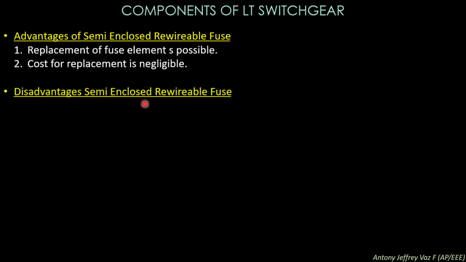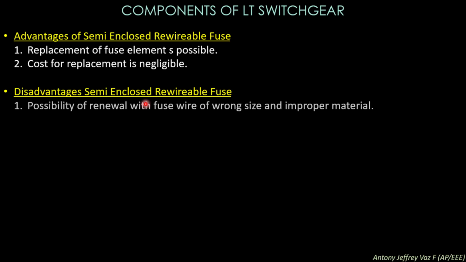And the disadvantages of semi-enclosed rewirable fuses are the possibility of renewal with fuse wire of wrong size and improper material. If you set the fuse for 5 ampere and it is damaged and you are going to replace it, you should use the same material, same size and same property.